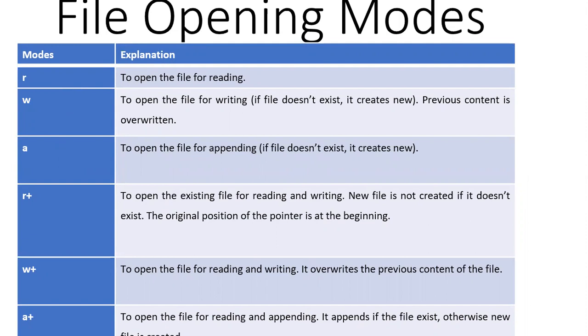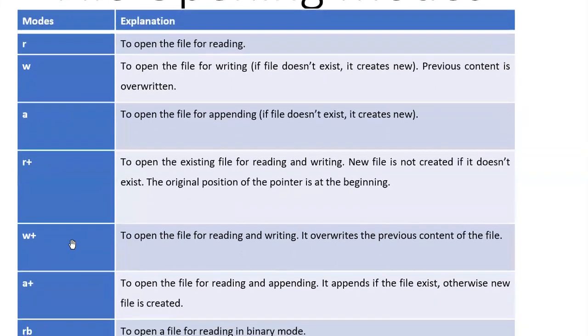The difference between w and a is that if the file exists, in w mode the previous content of the file before opening is overwritten by the new content, whereas in append mode it retains the old content and adds the new content at the end of the file. r plus is used for both reading and writing.